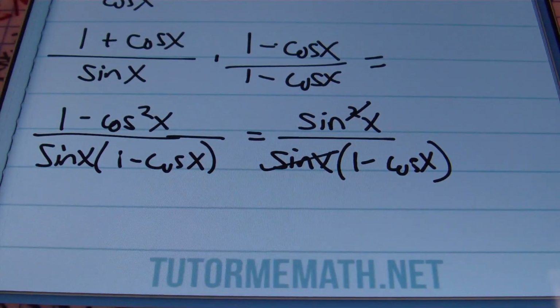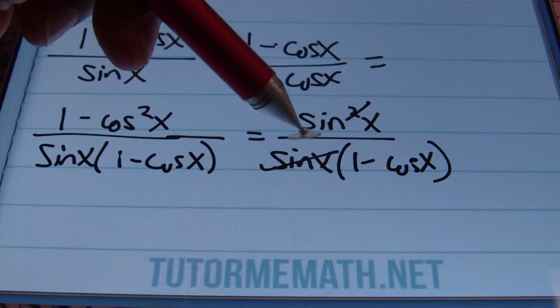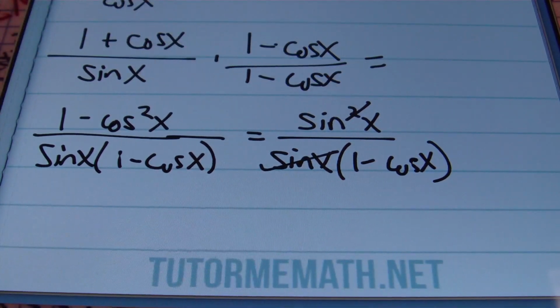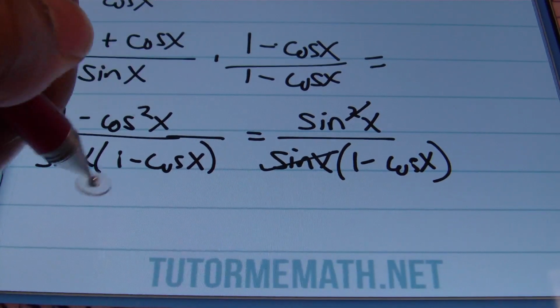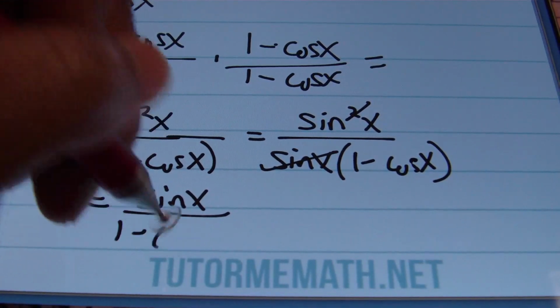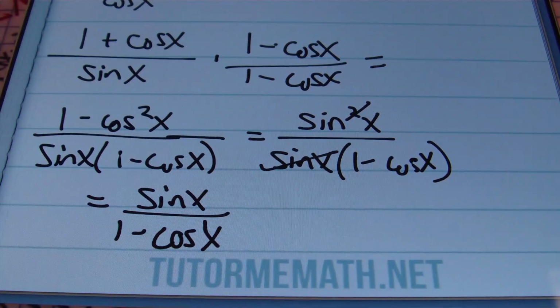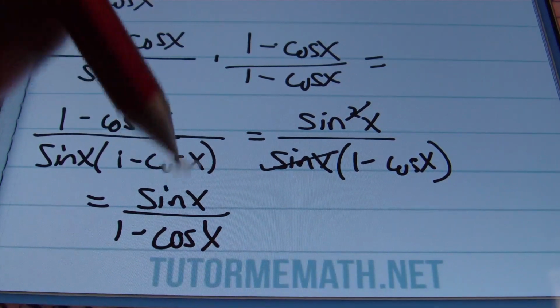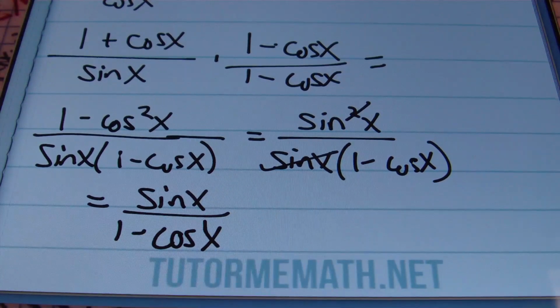That exponent of 2 over that exponent of 1, 2 minus 1 leaves me with 1 in the numerator. So I'll end up with sine x all over 1 minus cosine x, which is the right side. So that completes problem number 3. Done and done, ladies and gentlemen.